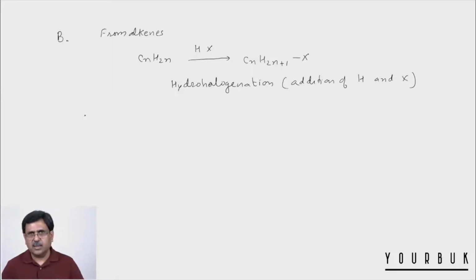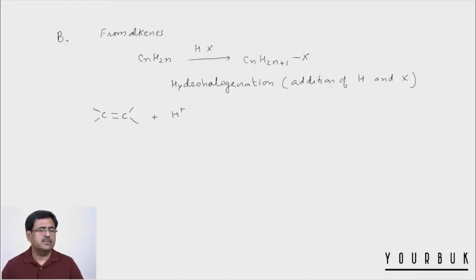Now as we know that alkenes are unsaturated hydrocarbons, they contain carbon-carbon pi bond, and we also know that pi bond is formed by sideways overlapping of atomic orbitals. As a result, the electron density is present above and below the plane containing carbon atoms. As a result, alkenes are electron rich. So since alkenes are electron rich, in the very first step we can only add H positive.